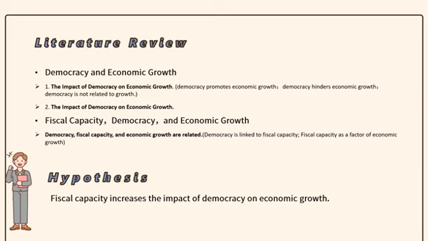First, we examine the relationship between democracy and economic growth in 3 main categories. First, democracy promotes economic growth. Second, democracy hinders economic growth. And last, democracy is not related to economic growth.